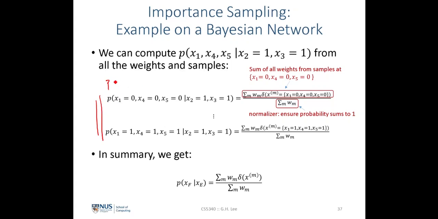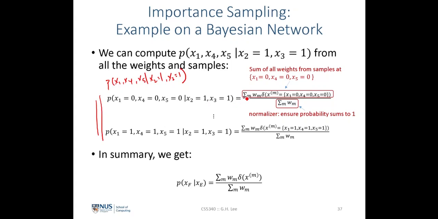That's the marginal probability of x1, x4 and x5 conditioned upon x2 equals 1 as well as x3 equals 1. What this means is that we have to fill up this marginal probability table over x1, x4 and x5 for all the combinations. So here we can easily compute, for example, x1 equals 0, x4 equals 0, x5 equals 0, conditioned upon x2 equals 1 and x3 equals 1.